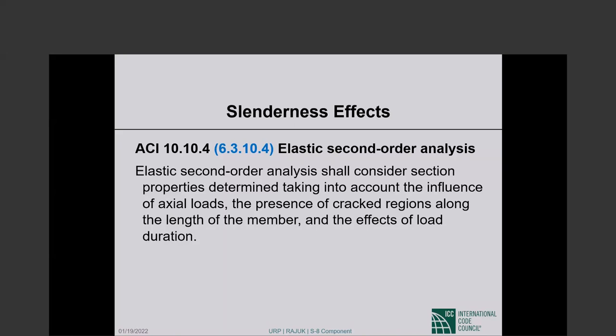The elastic second order analysis shall consider section properties determined taking into account the influence of axial loads, the presence of cracked regions along the length of the member, and the effects of load duration. So this is sensible.